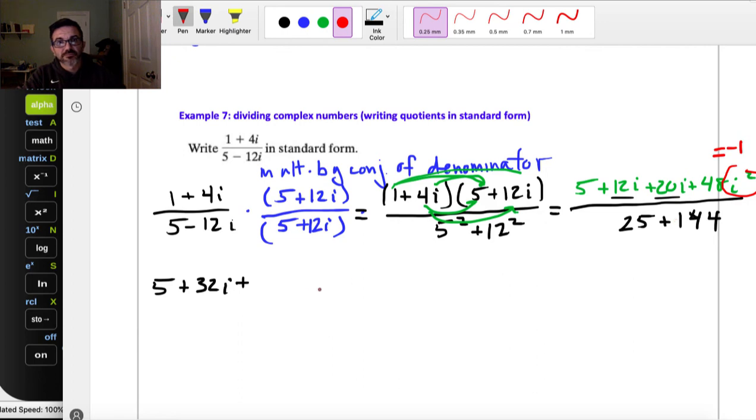So 32i plus 48 times negative 1. I'll put that in red since I indicated that before.